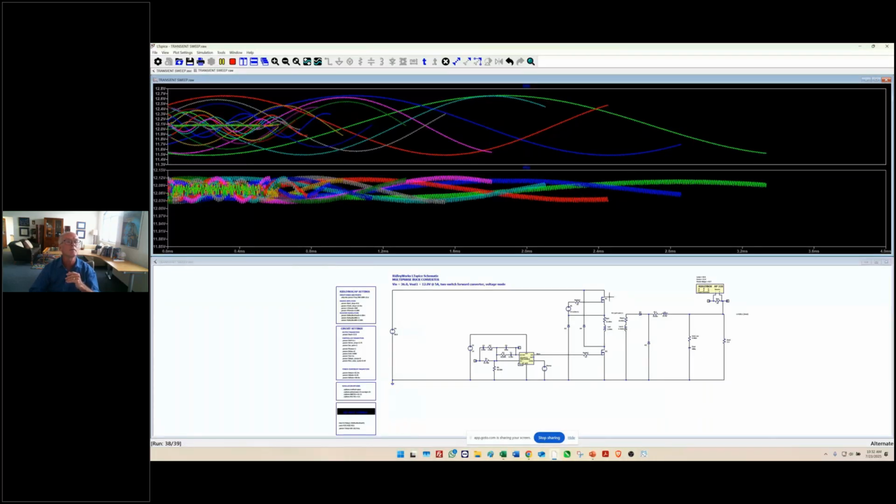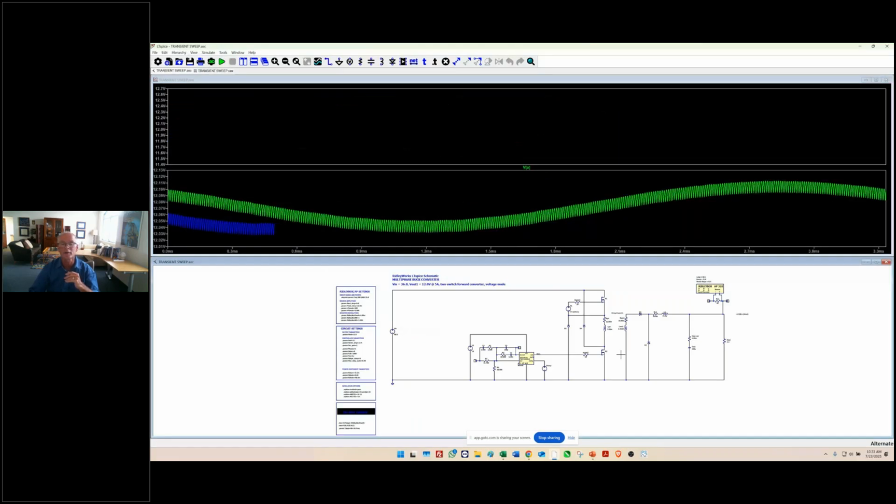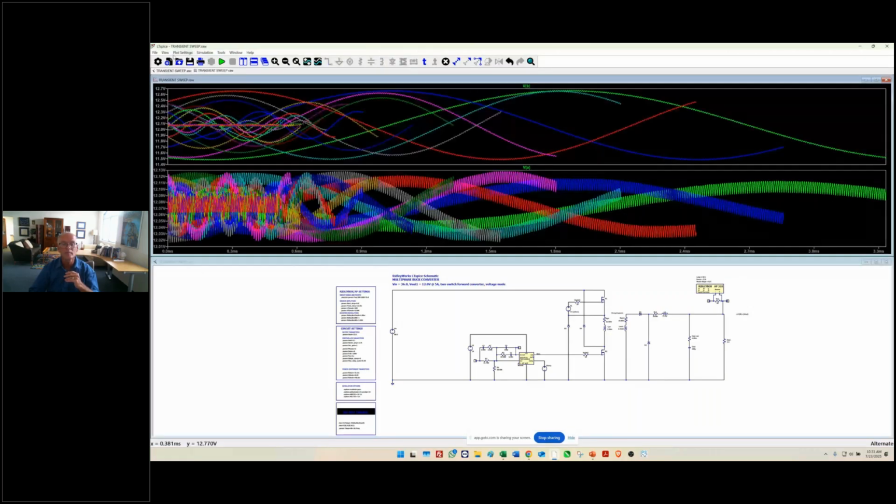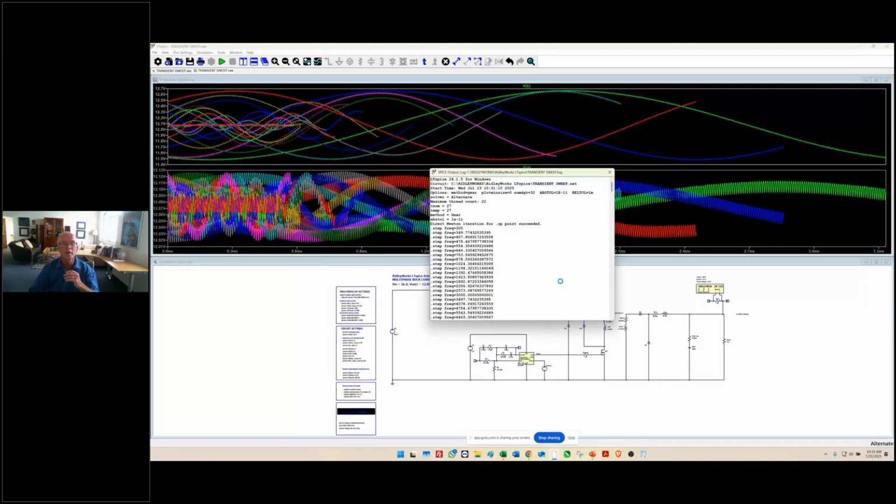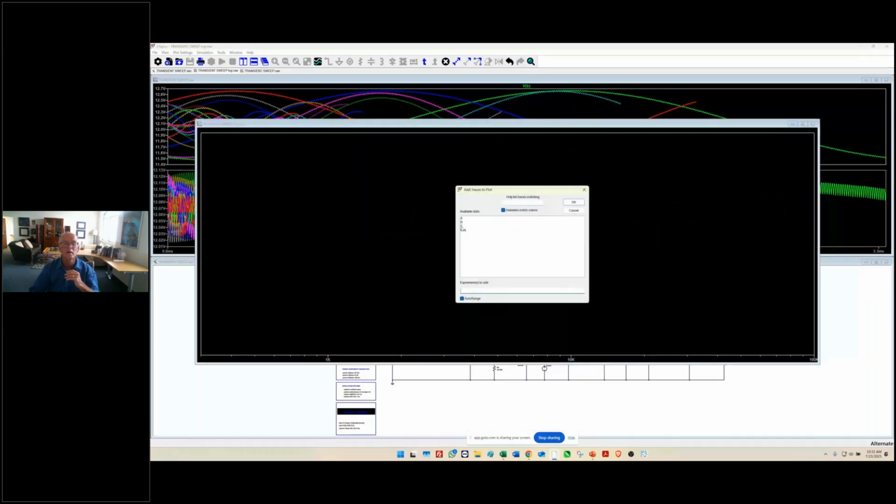You have to do some little things here to get the plot. Go to the SPICE output log, and this is all in our app notes, of course. And you generate the Bode plot here, and then you say, give me a trace. Just like before, we want B divided by C. And there we go.